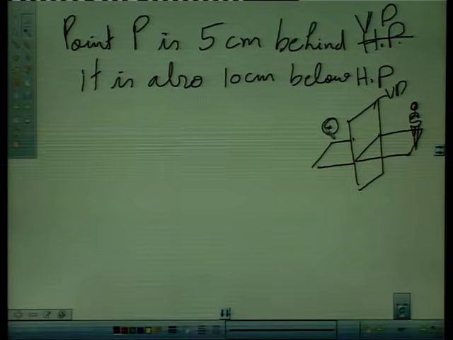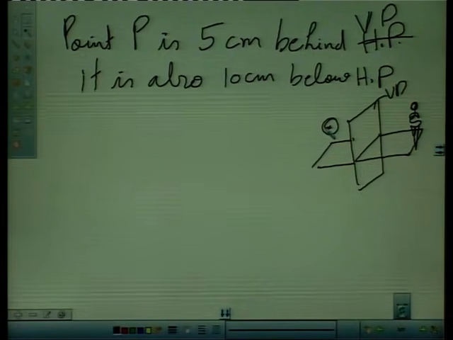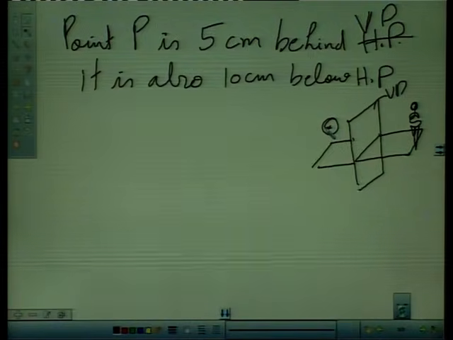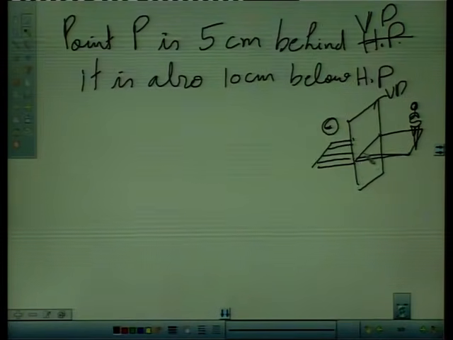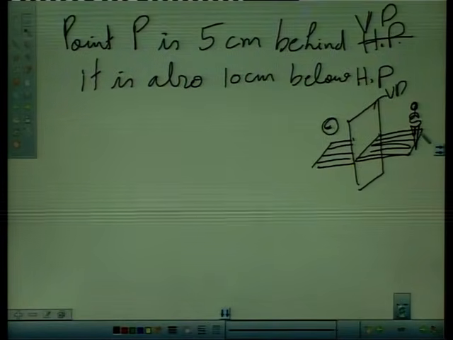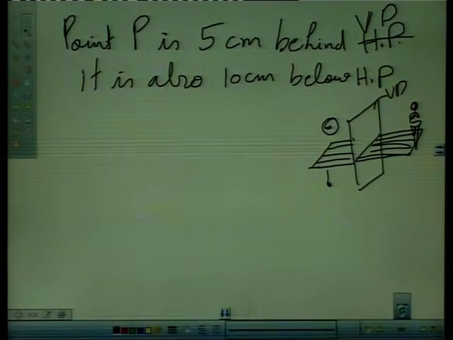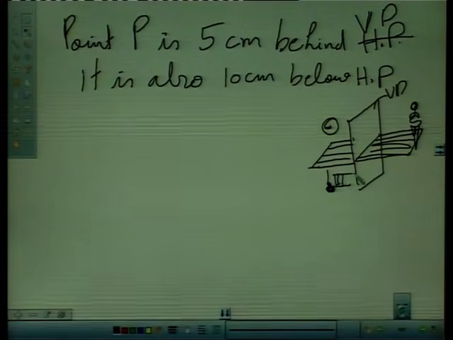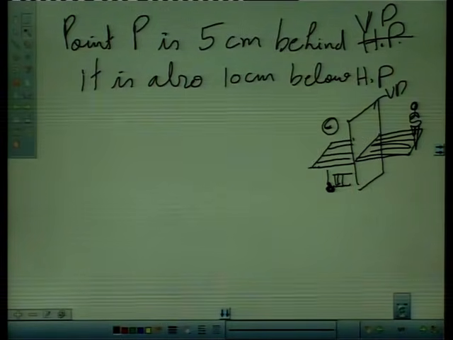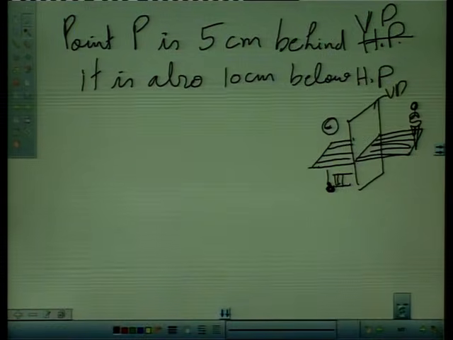Second part of the statement is it is also 10 centimeter below horizontal plane. Now this represents horizontal plane, and point is 10 centimeter below this point. So point will come in this quadrant. This is horizontal plane, below means below this line. So point will be somewhere here. So this is third quadrant. So as per our statement, we can judge that point lies in third quadrant.